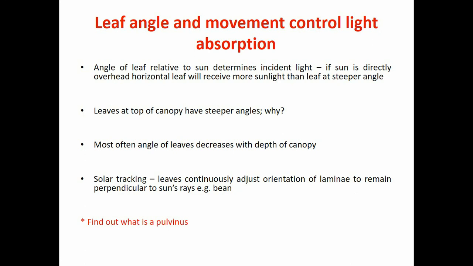That afternoon phase is going to hit you vertically. It's going to be useless. So when we say, why are the leaves at the top of a canopy having steeper angles? Remember, at the top of a canopy, at the top of the forests, you've got almost 2,000 photosynthetically active radiation, micromoles.